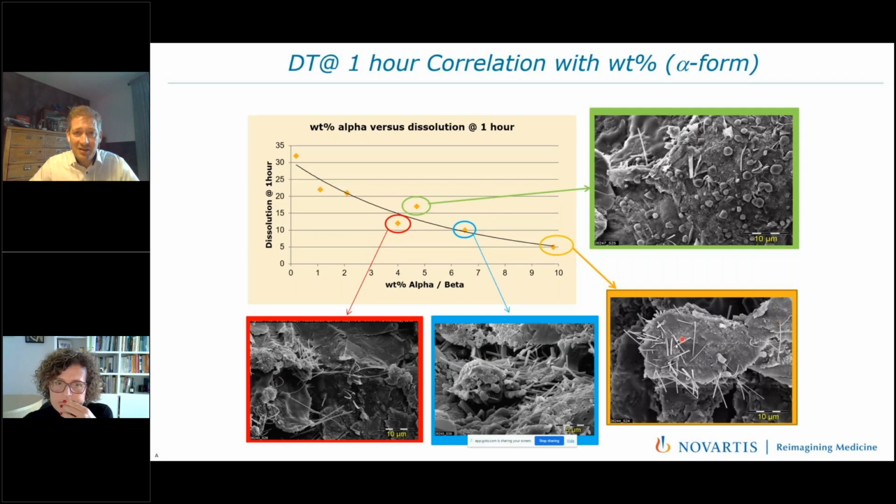So here, the use of synchrotron X-ray diffraction was extremely powerful, not only to identify the nature of the contaminant that was impacting the dissolution performance, but also to assess almost quantitatively the extent of the propagation into the drug product.